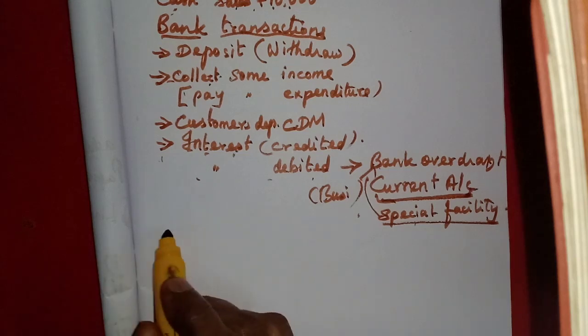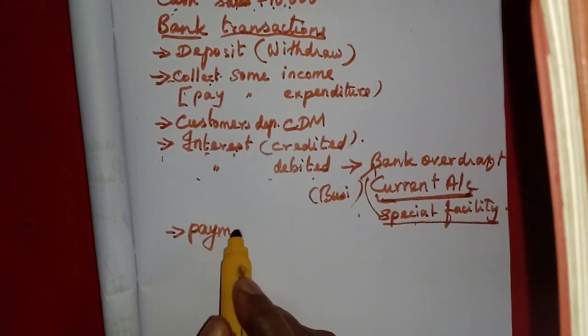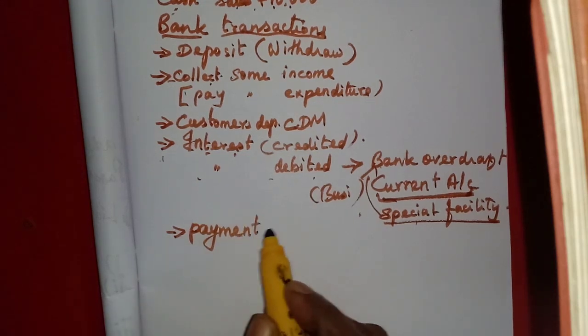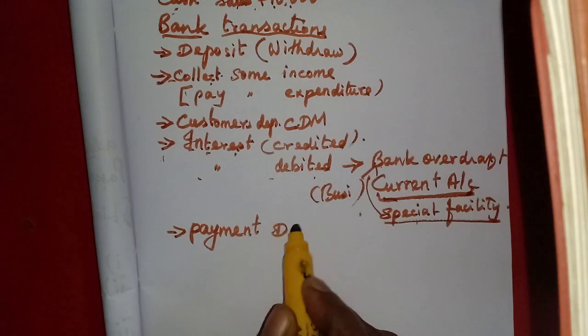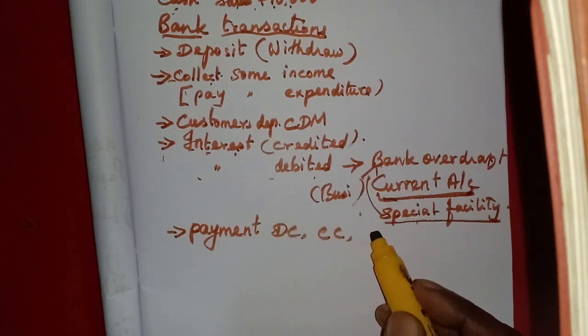Then we may make many payments through the modern system: through debit card, credit card. Debit card we know, with that we go to the ATM machine and withdraw money.